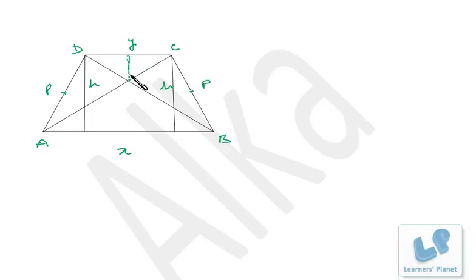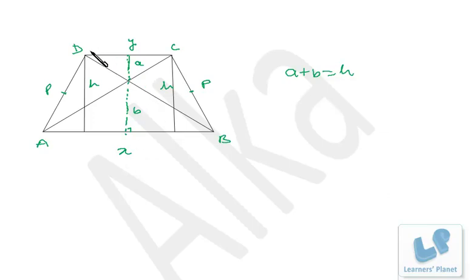This length may be A, and this is also a perpendicular. This length is B. So precisely A plus B is H.